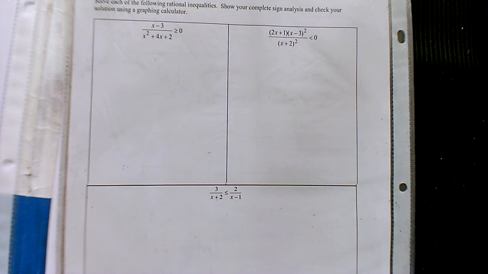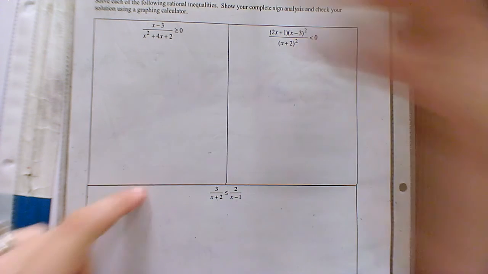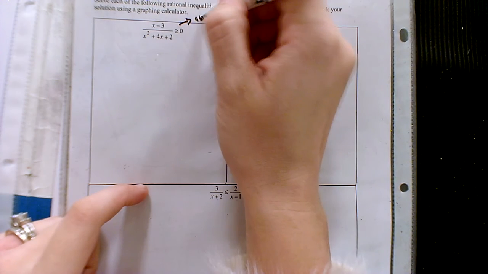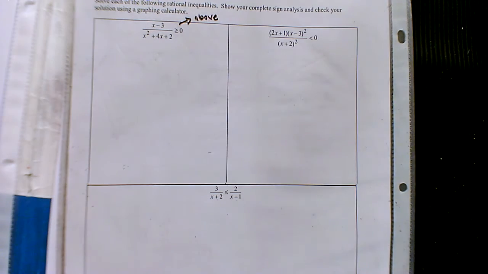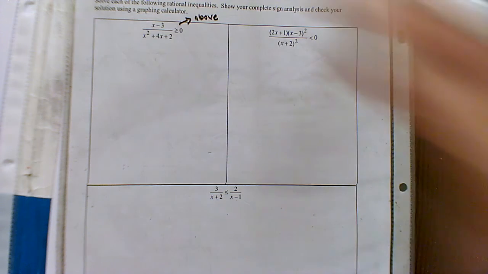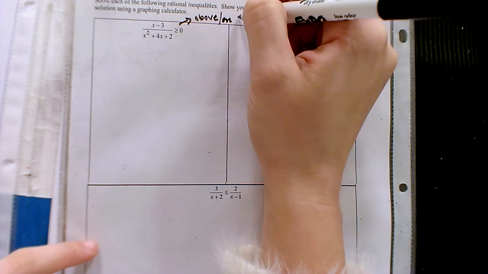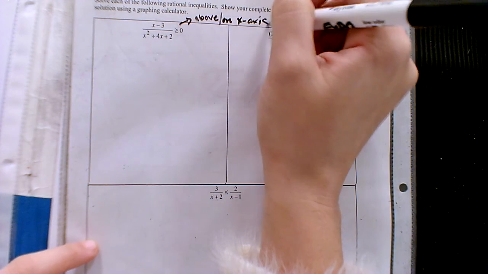Or maybe based off of our sign analysis, our number line. If we want it to be greater than or equal to 0. Yeah. Where the graph is above the x-axis. Above. Okay, so that's the greater than part. And if you equal it, yeah? 0 or where it's on. Right, so above or on the x-axis.